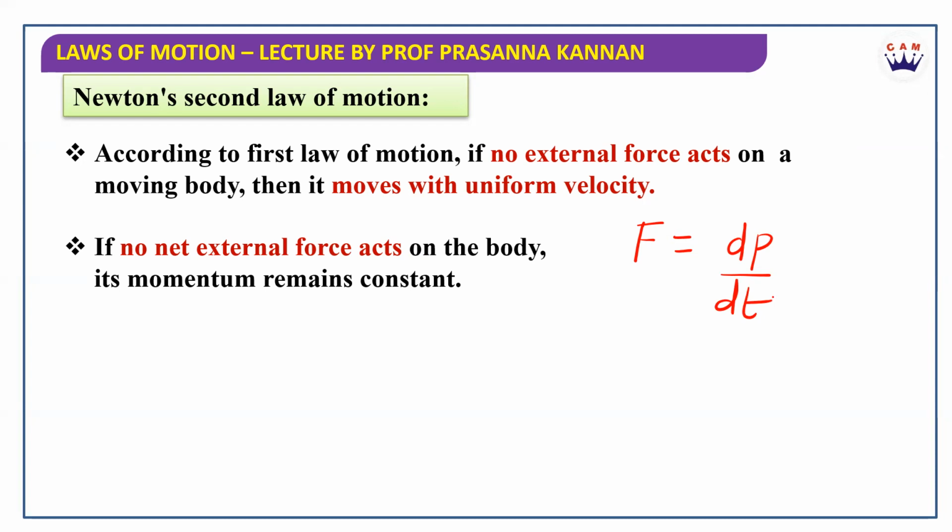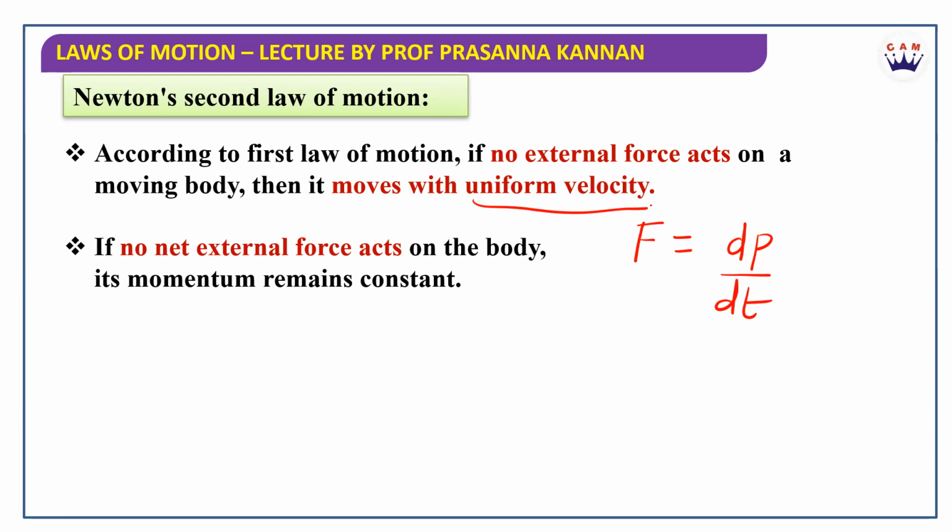What is force, guys? Force is equal to dP by dt. F is the net external force. P is momentum, and we take the rate of change of momentum with respect to time. If a body is moving with uniform velocity, which means velocity is constant, what is constant?